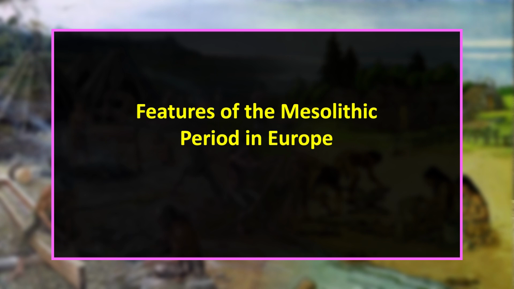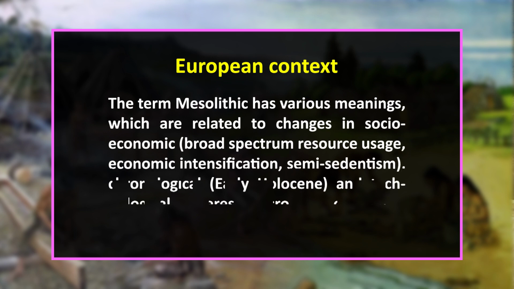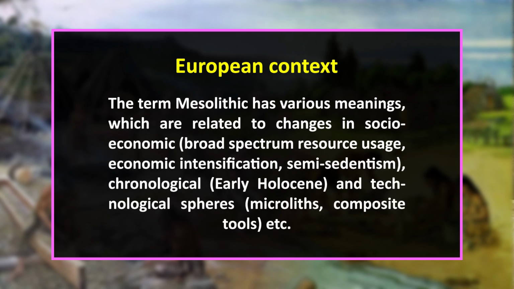Dear students, now we will be looking at some of the very important features of the Mesolithic period which were prevalent in the European continent. The meaning of Mesolithic and the list of attributes associated with this time period vary widely from one place to another. In the European context, the term Mesolithic has various meanings.